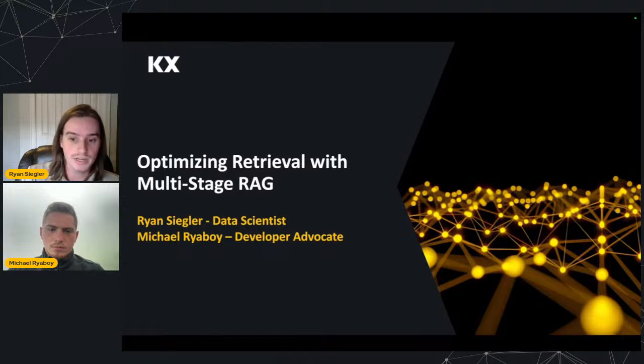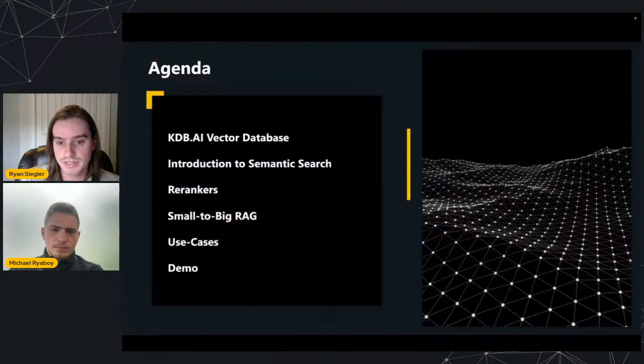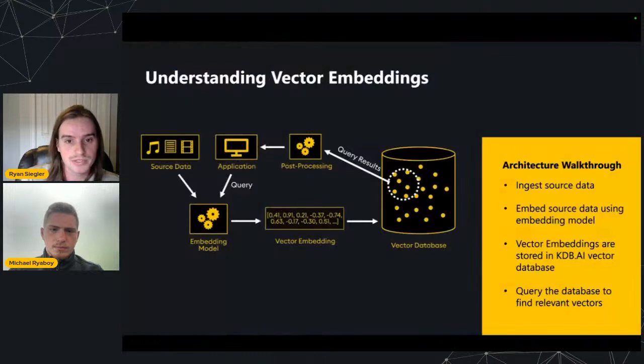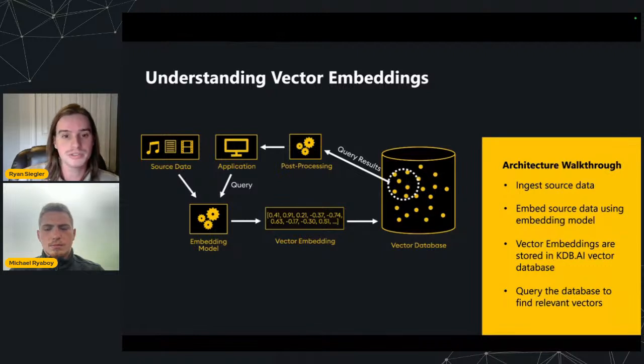Then I'm going to hand it off to Michael to talk a little bit more about the more technical aspects of these different things that you can add into your RAG pipeline. So Michael, if you want to go to the next slide, we could talk a little bit about the vector database and its core functionality in terms of retrieving relevant information, and then how we can plug this into a retrieval augmented generation pipeline.